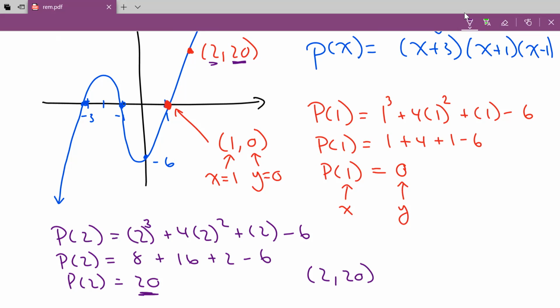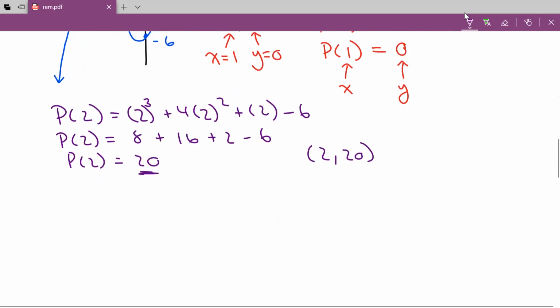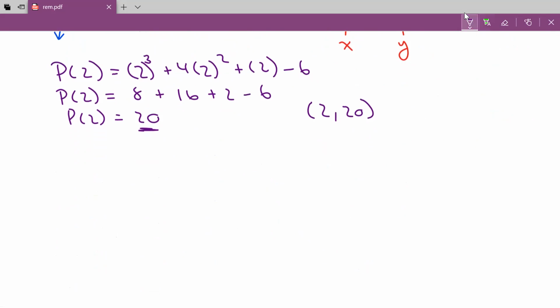What we just did right here is we actually just used something known as the remainder theorem. So here's what the remainder theorem tells us. We have a polynomial, p at x.